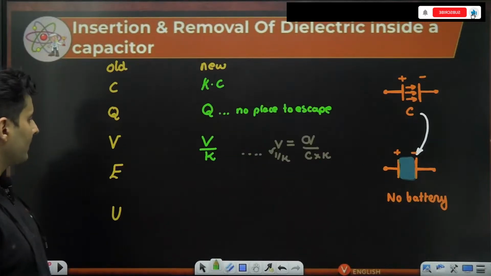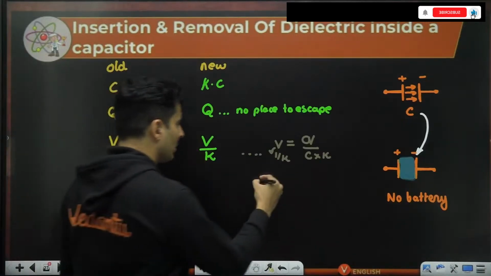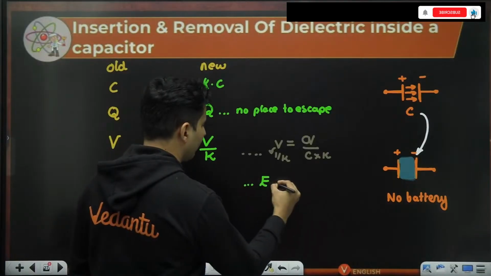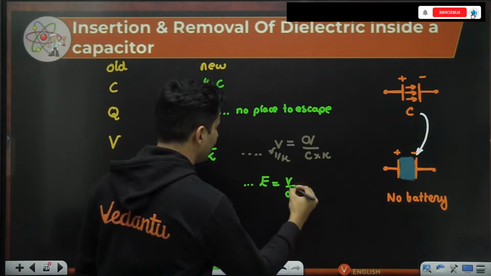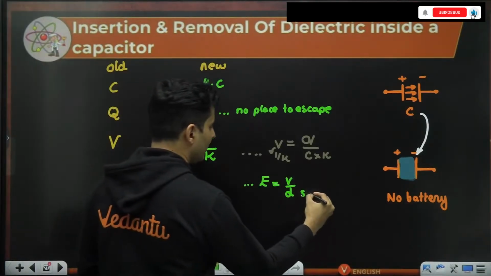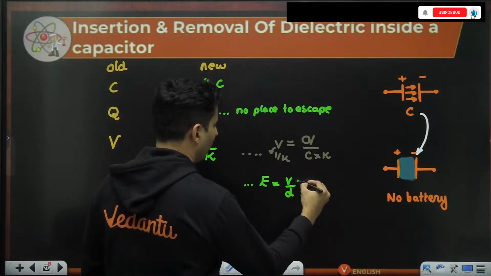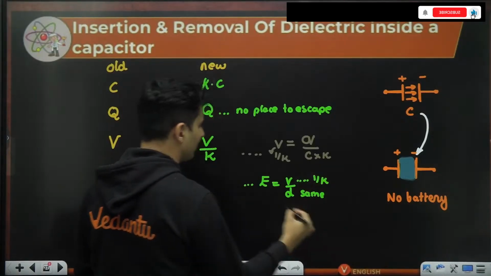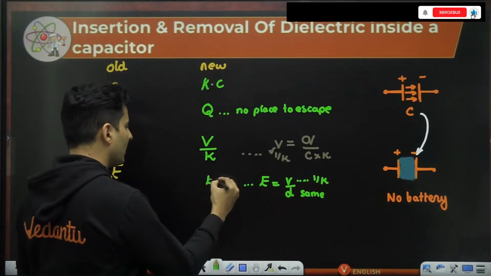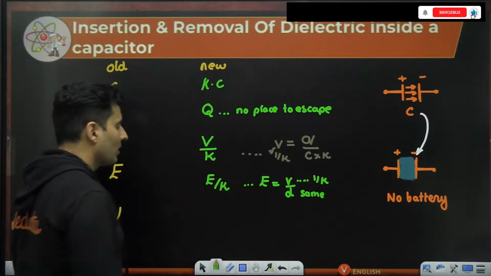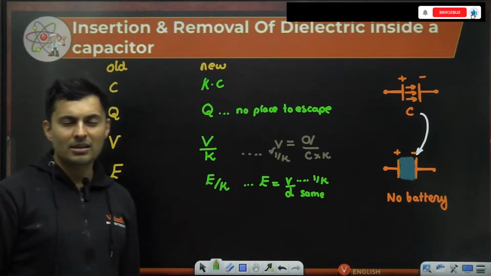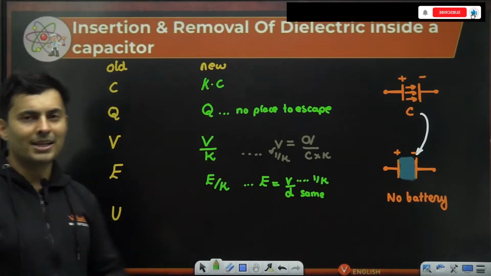But over here, voltage has changed, and distance is still the same, but the voltage has become 1 by K times. So the field will also become E by K. If it was 100, it will become 100 by K.